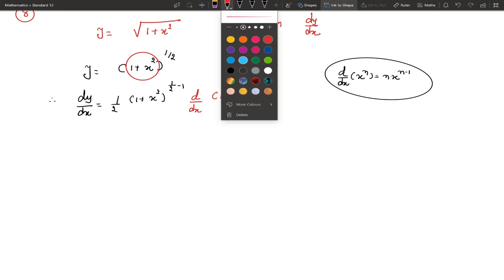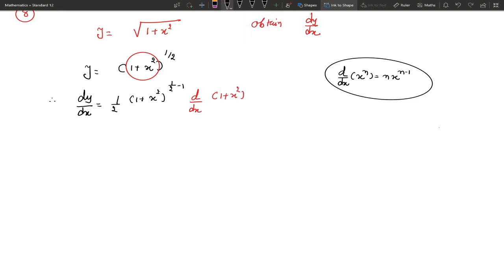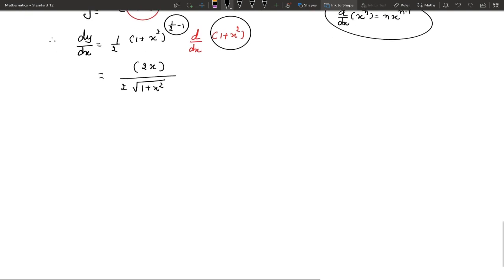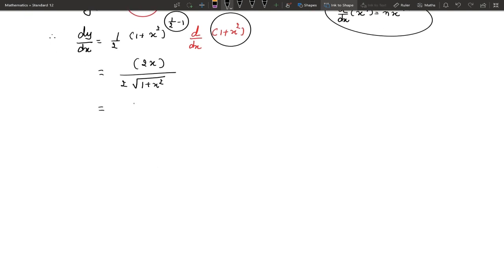Now we simplify this thing. This is 2. Now power is minus 1 half. So this can be written as 1 upon plus 1 half, that is 1 upon under root 1 plus x square. Now d by dx of 1 plus x square, it is 2x. So simplification is x upon under root 1 plus x square.